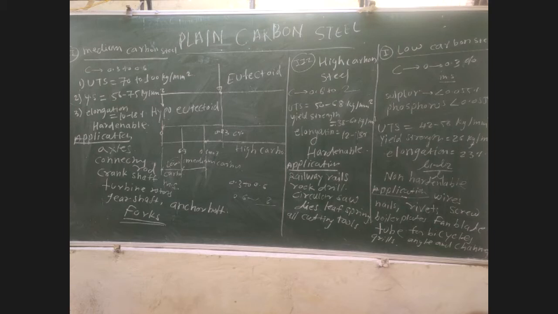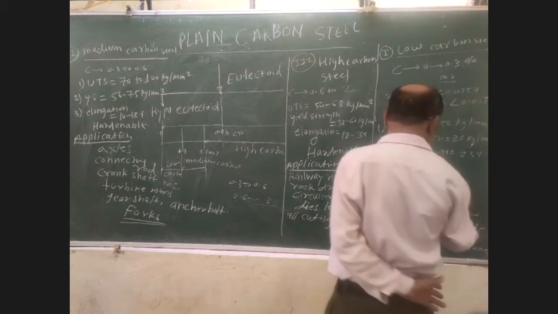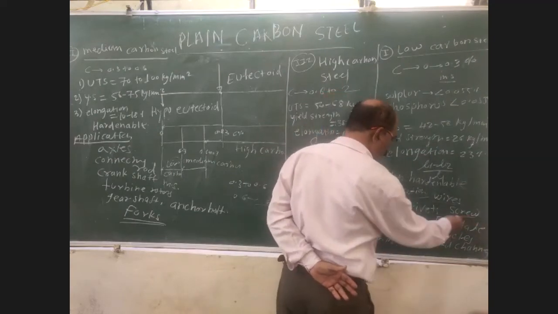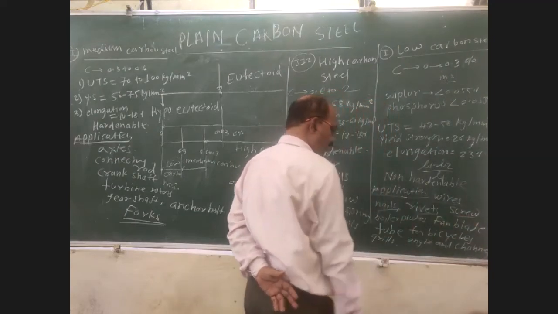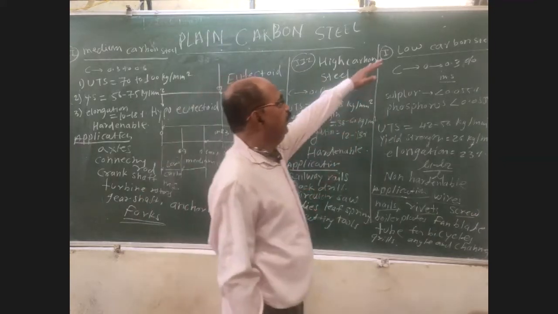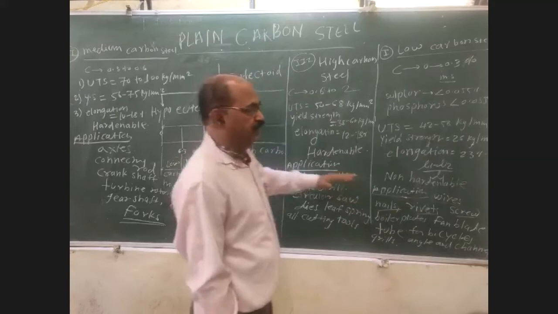Now, what is the use of this plain carbon steel? It depends upon the percentage of carbon. Normally, among the products around us, wires are made from low carbon steel. Nails, screw, rivet, boiler plate, bicycles, pipes, angle channels, we can make from low carbon steel.